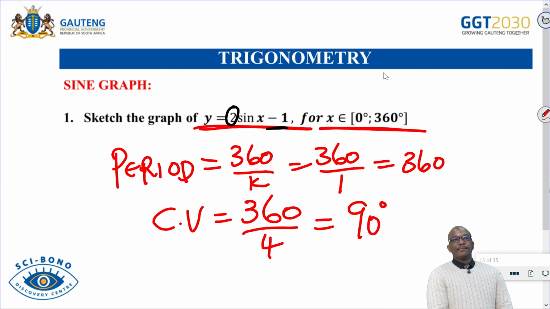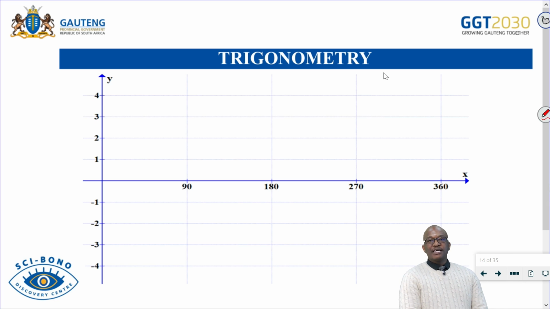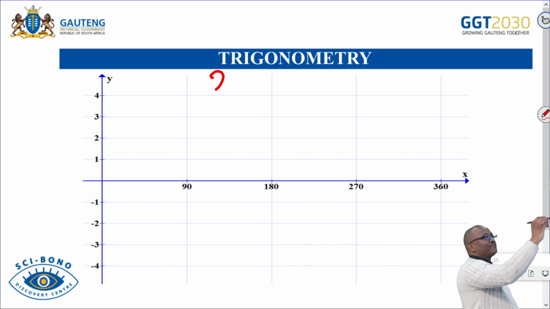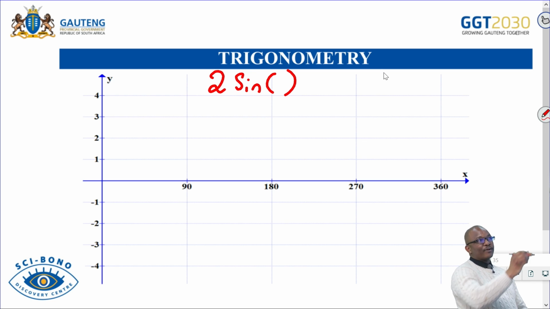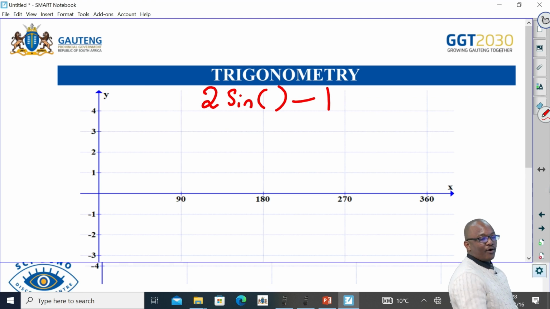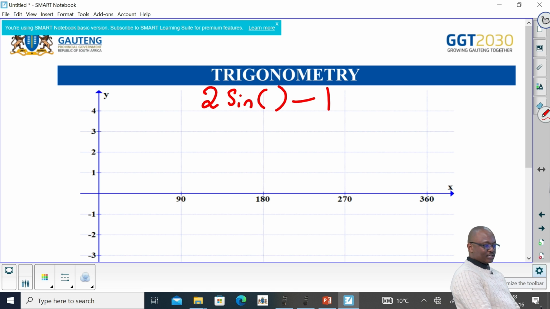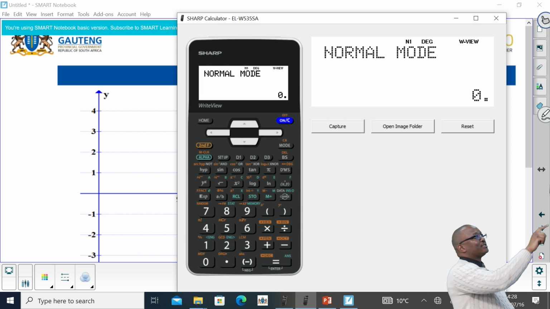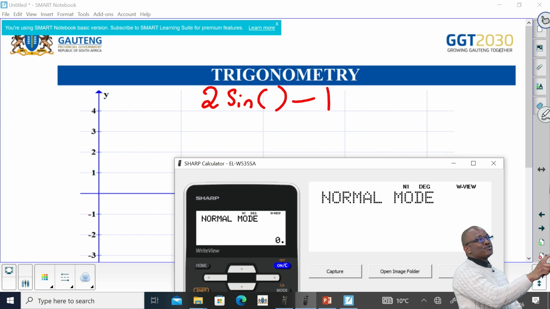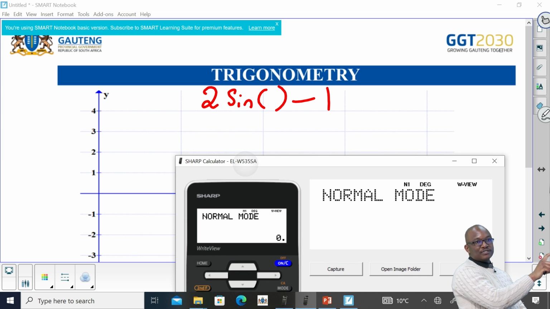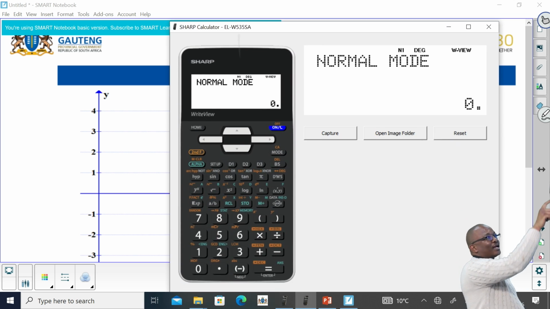So now, in sketching your graph, in your calculator you have 2 sine, where there is x, you put bracket, minus 1. So let's see how you are going to put it in the calculator.